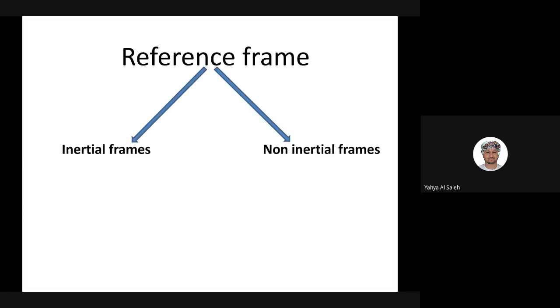We have inertial frames of reference and we have non-inertial frames of reference. What's the difference between these 2? The difference between these 2 is Newton's first law. If Newton's first law is valid in that frame of reference, we call it an inertial frame. If Newton's laws are not valid, we call it a non-inertial frame.